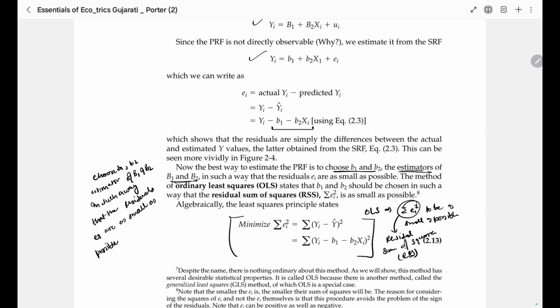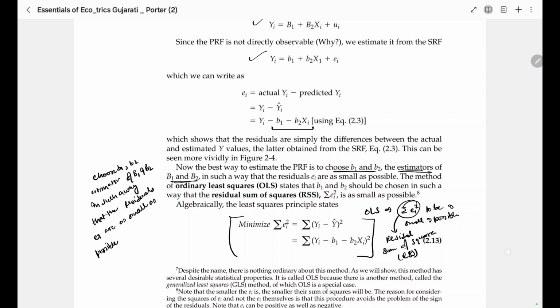So in OLS, ordinary least squares, we try to minimize the square of our error. This is what we are trying to minimize, and this is the equation that we have.